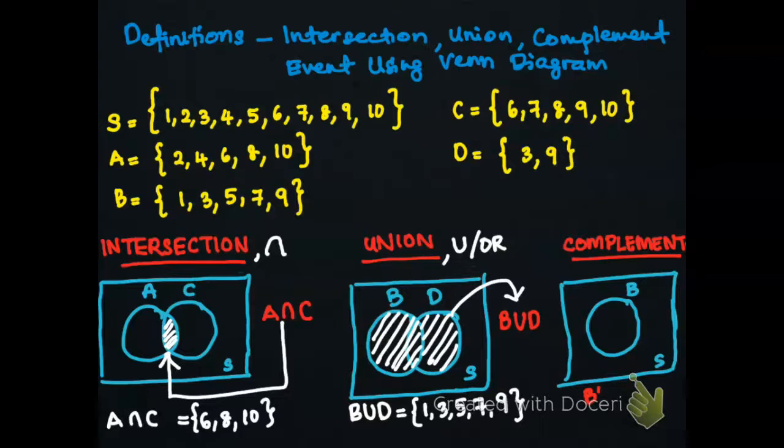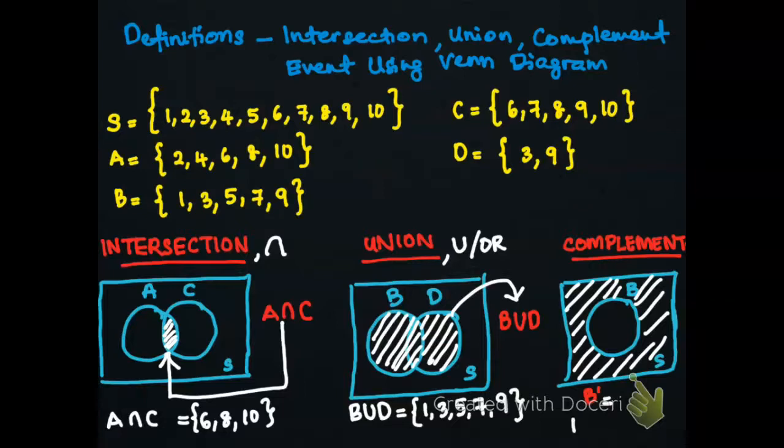As for the complement event of B, it tells you the information that's not in B. Okay, what is not in B? The white area here is not in B. So what is B? B is the odd numbers. So what is not in B will be the even numbers. So I represent the complement event by B prime.